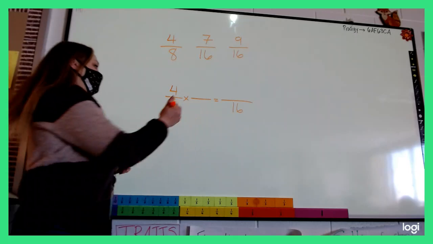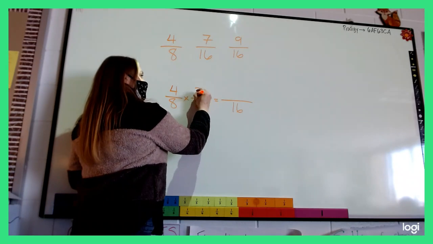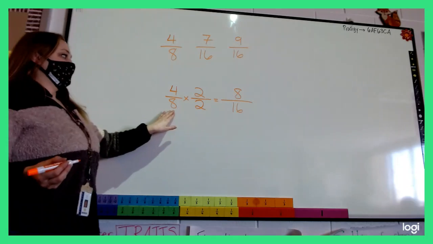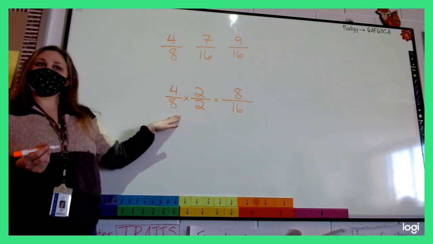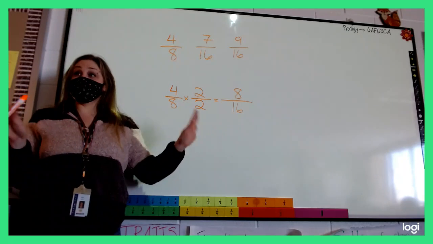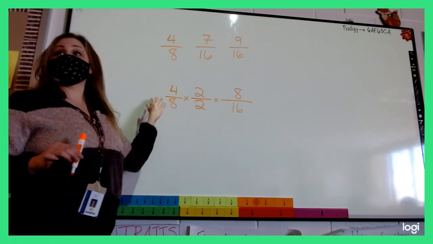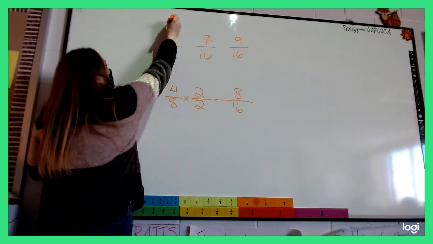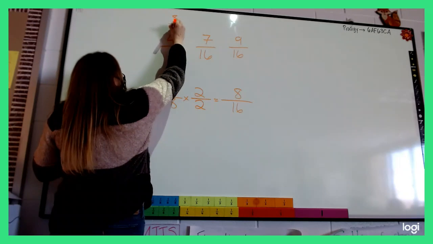A 2. And then we have to put one on the top. 4 times 2 is 8. Okay. Could some of you have done this in your head without doing all that math? Yes. Okay. If you can, feel free to do so. If not, this isn't too hard. Just do it, okay? So we know that 4/8 is the same as 8/16.